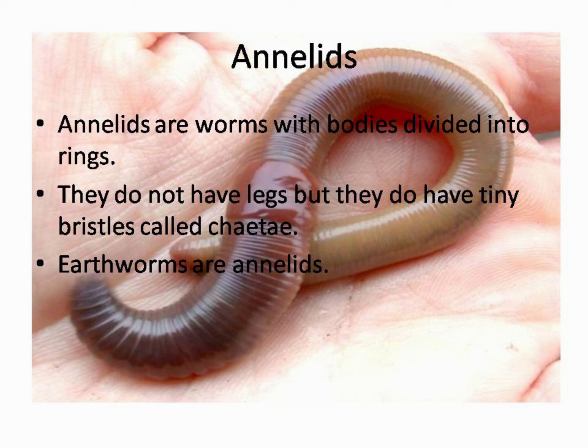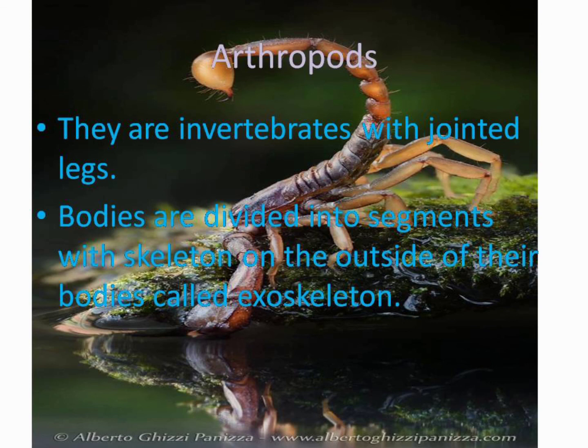They do not have legs, but they do have tiny bristles called chaetae. Earthworms are annelids. Arthropods are invertebrates with jointed legs. Bodies are divided into segments with a skeleton on the outside of their bodies called an exoskeleton.